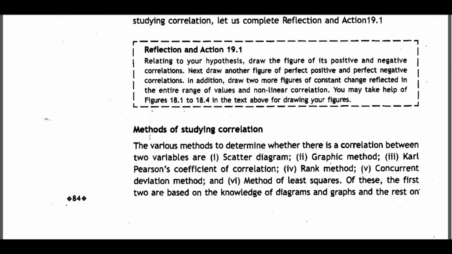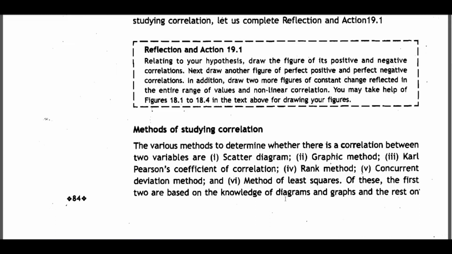So now let us look at the methods of studying correlation. The various methods to determine whether there is a correlation between two variables are: one, scatter diagram; two, graphic method; three, Pearson's coefficient of correlation; four, rank method; five, concurrent deviations method; and six, method of least squares.